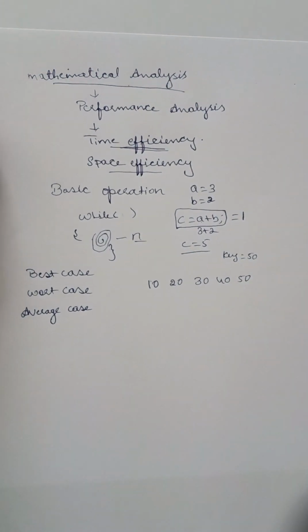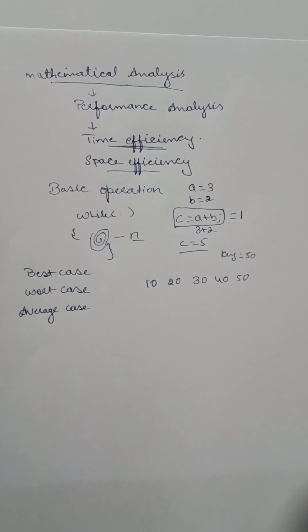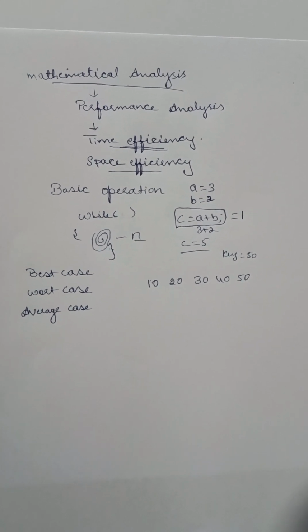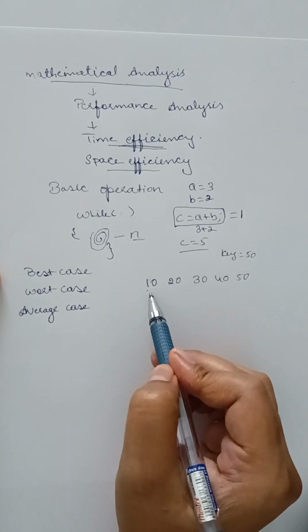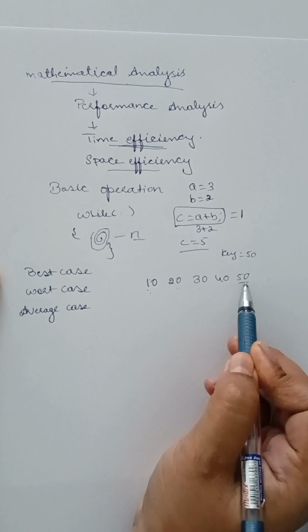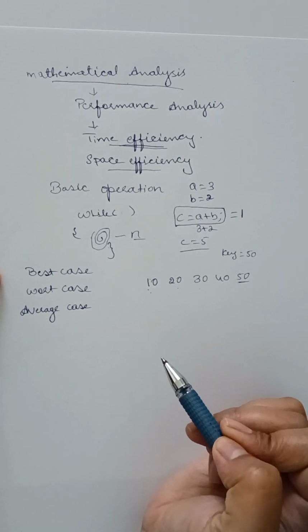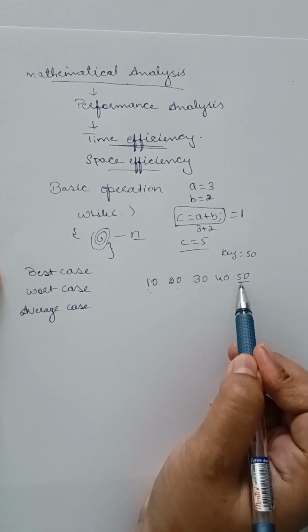If I take key element as 50, you have to start searching from the beginning. 50 and 10 is equal? No. 20, I'll compare, no. 30, 40, 50, yes, 50 is present here. So where is 50? 50 is present at the last position.